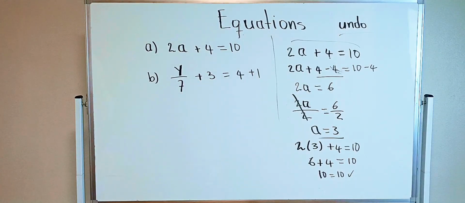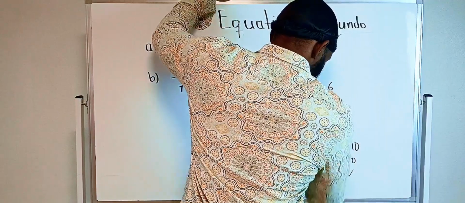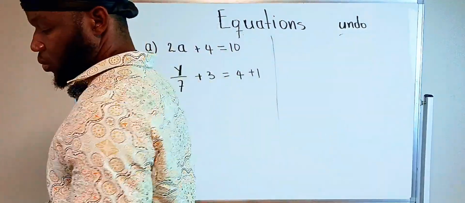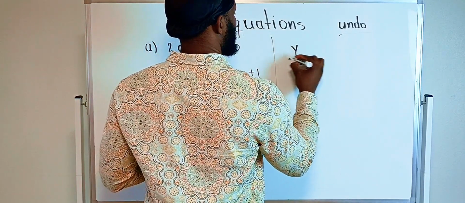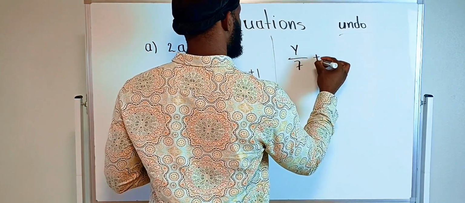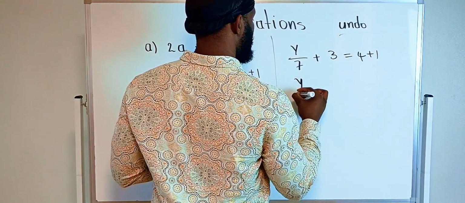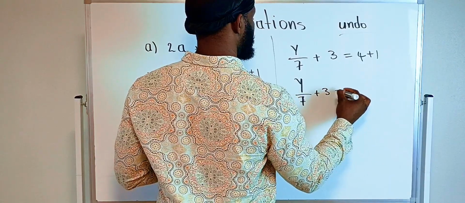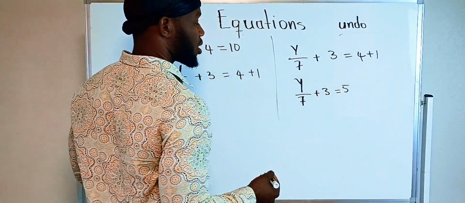So let's do the last one for you. We got y over 7 plus 3 equal 4 plus 1. 4 plus 1 is 5. So right now we're gonna undo the addition.